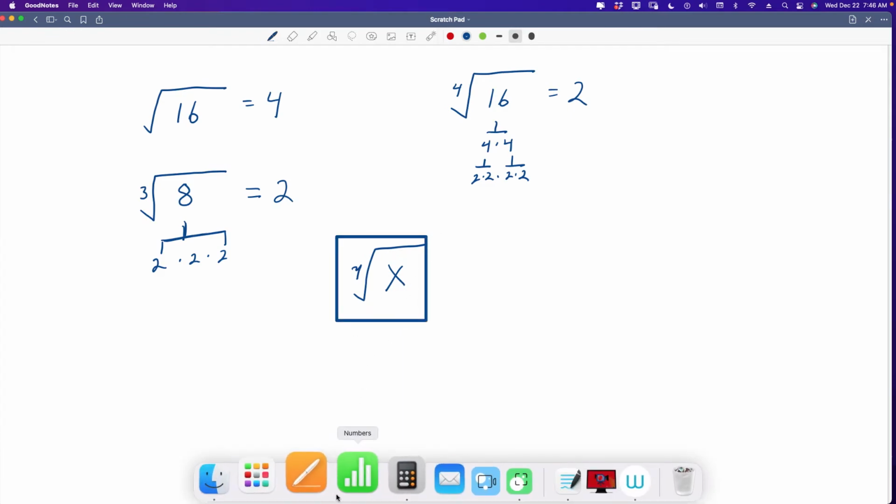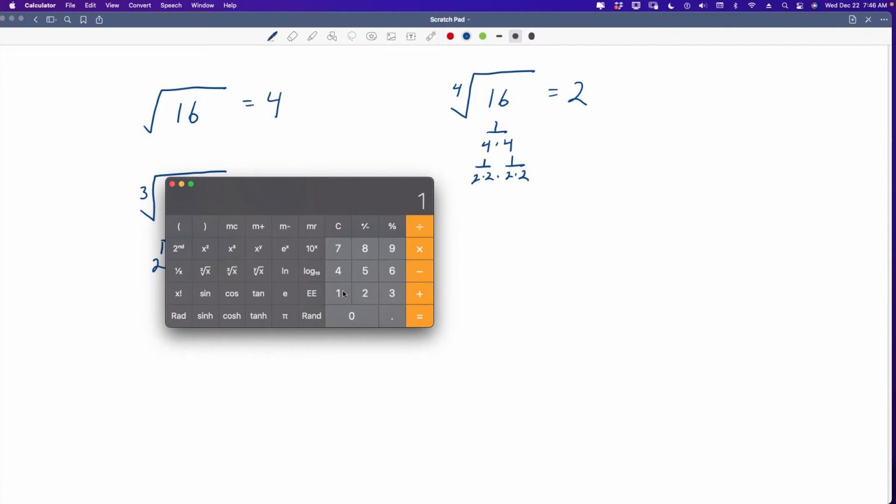So let's do that. Let's type in 16, the index button, and the index is 4. We hit equal, and it tells us the answer is 2. How about that? Now, you'll see some that are built in. Square root is built in. Cube root is built in. A lot of times you'll see the cube root. Sometimes you may only see on your calculator square root and an index, where you can determine the index.